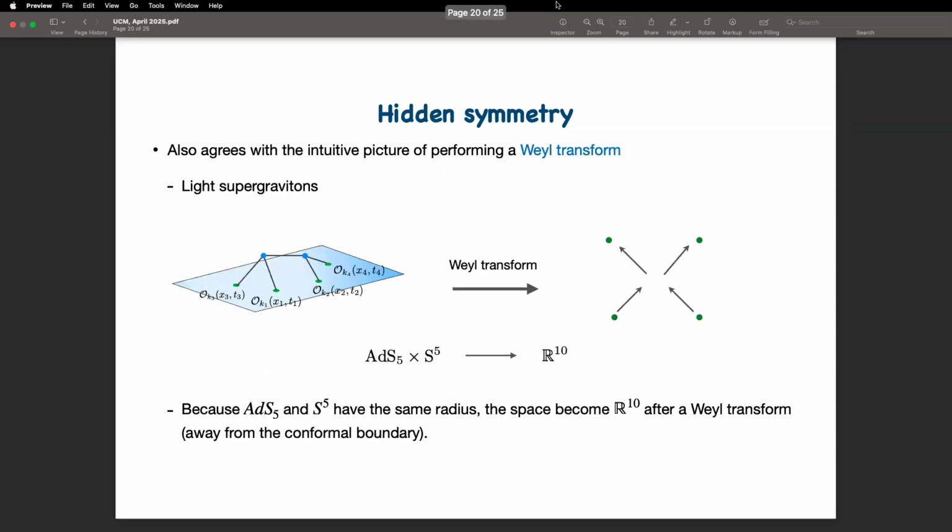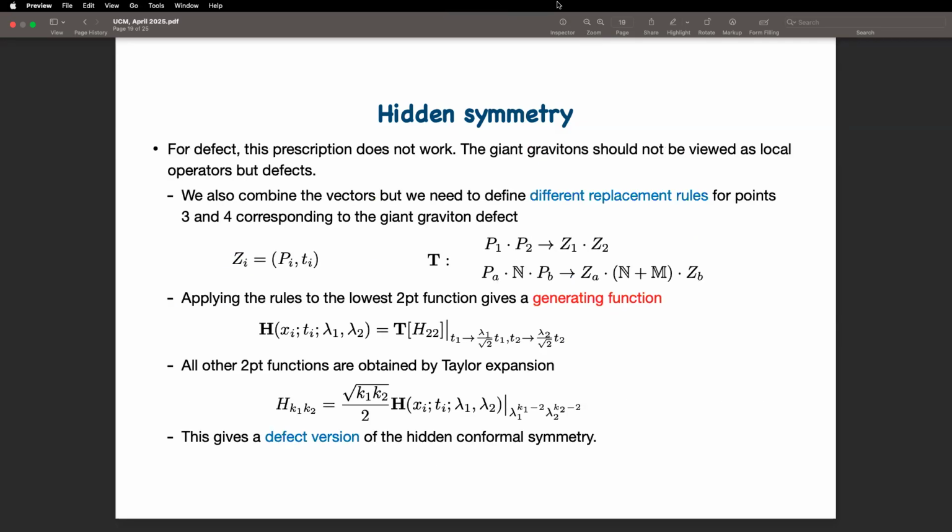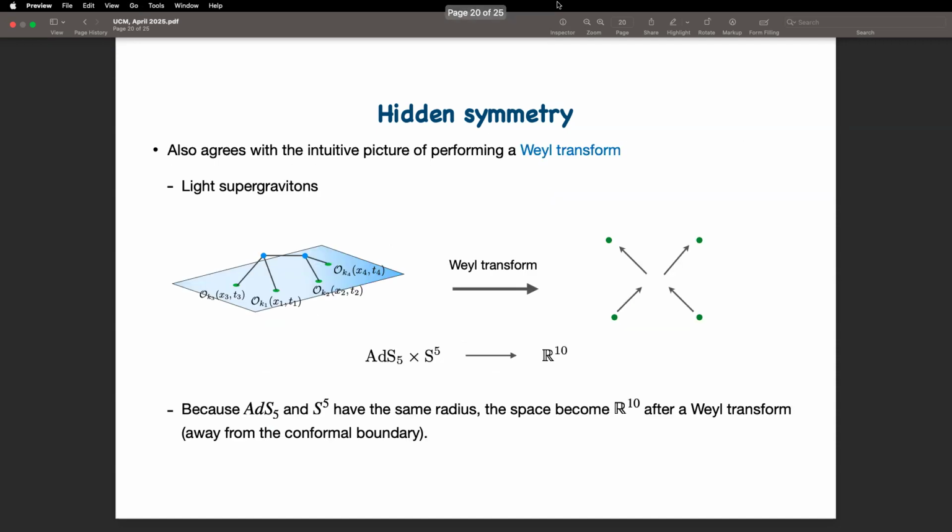Now I will explain why this prescription is a natural one. Okay, so let's go back again to their story. In their paper, they actually give an intuitive but not very precise picture for how to think of this hidden conformal symmetry. What they proposed is that you can think of it as doing a Weyl transformation from AdS5 times S5 to R10.